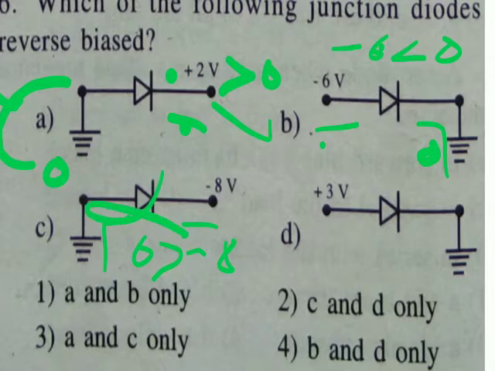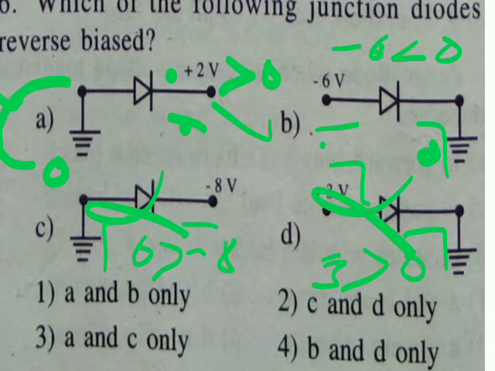And see the last one, option D, plus 3 and 0. Plus 3 is greater than 0, so high potential is connecting to the diode positive side, low potential is connecting to the diode negative region, so this is forward bias. This is also a wrong answer.